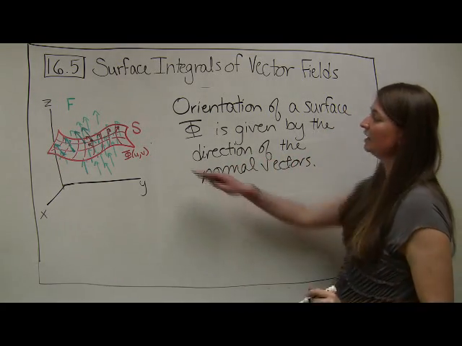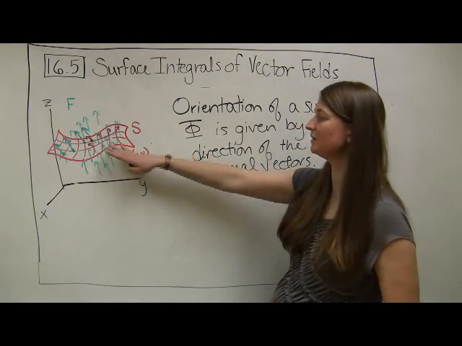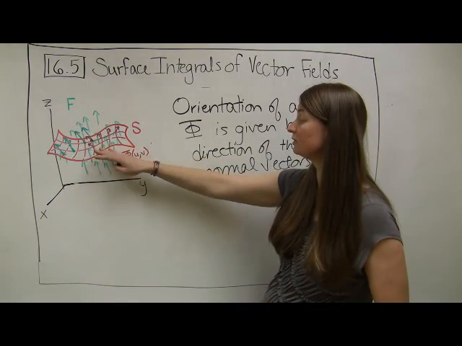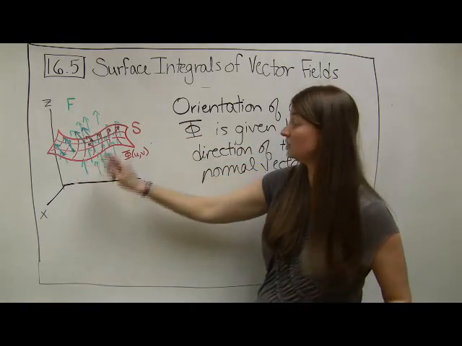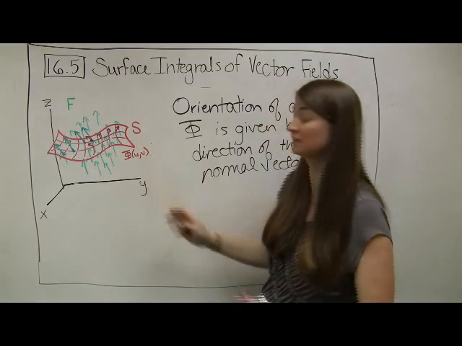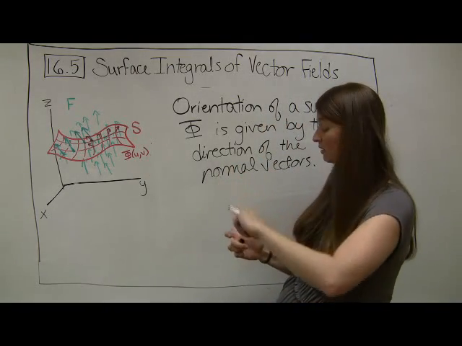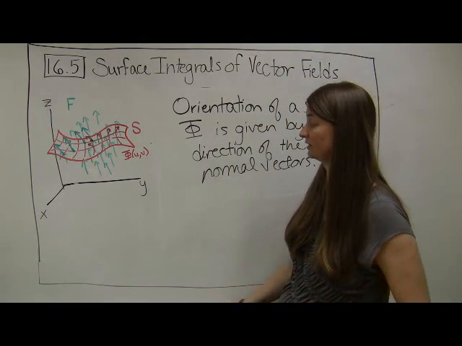Because you can imagine that this is the surface, but with some other type of parameterization, I might be able to parameterize this so that my normal vectors were pointing in the opposite direction. It could still describe all of the points in space, but when I take that cross product, it really makes a difference which direction my normal vectors are pointing.